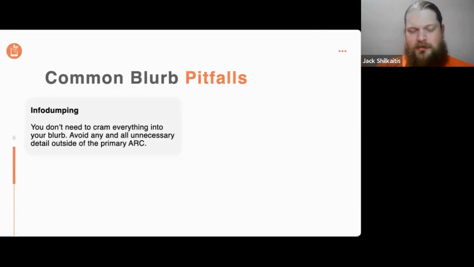And so when we're talking about info dumping, if you're throwing too much at them all at once, I remember when I first started working with my literary editor, Harry DeWolf, this was one of the first things we talked about. When was this? This was over a decade ago. It's a long time ago, right? I was young back then.